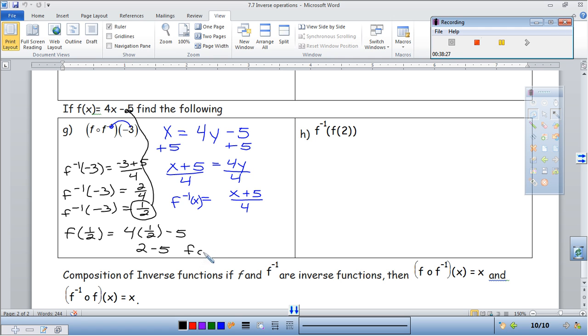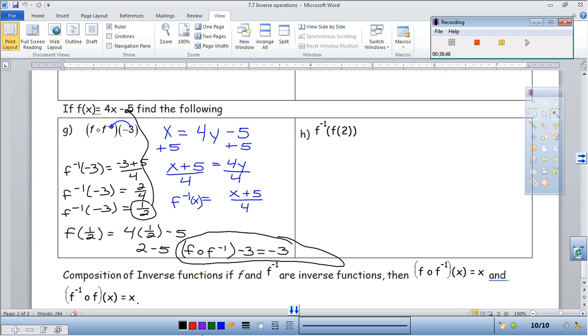So f of my inverse of negative 3 is going to equal negative 3. Any questions over that? We're all good?